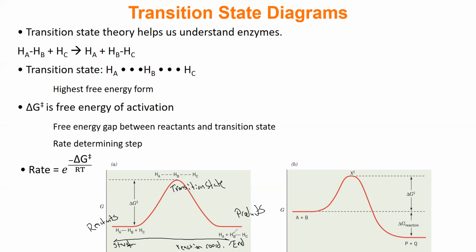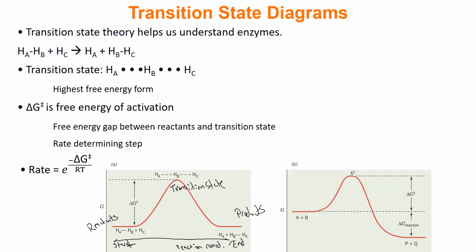Our products is B being bound to C, but A is now free. Our transition state is where we have the bond being half formed, half broken between A and B, and half formed, half broken between B and C. So we're breaking one, forming the other. The transition state is when we're halfway there.